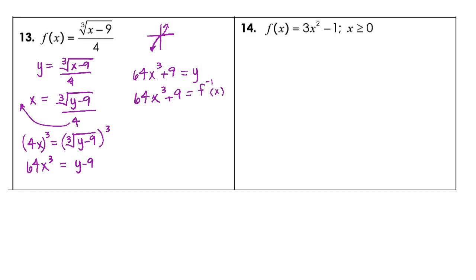All right, moving on. So for 3x squared, now they're restricting the domain. So let's think about what this is really telling us. We're only going to want one side of that parabola. So now it's almost like a piecewise function here. We're looking at the values greater than or equal to 0.